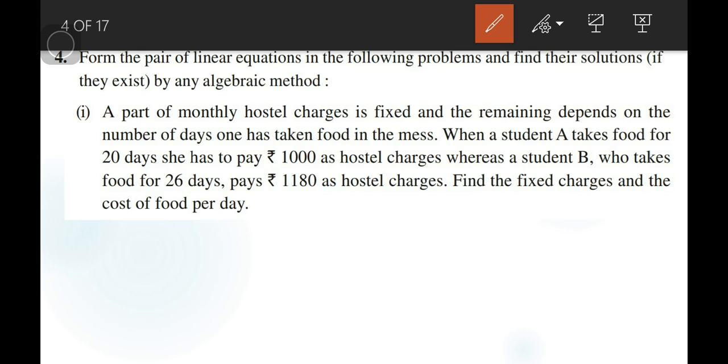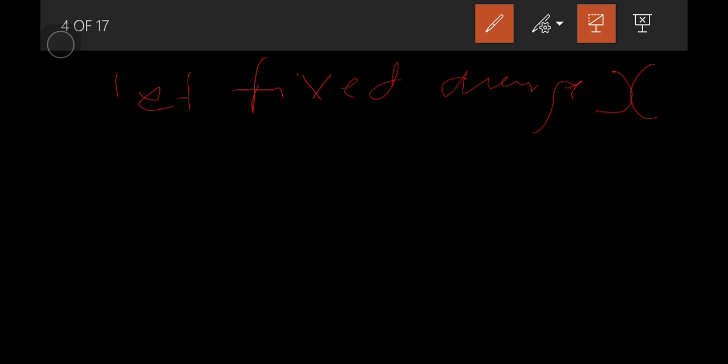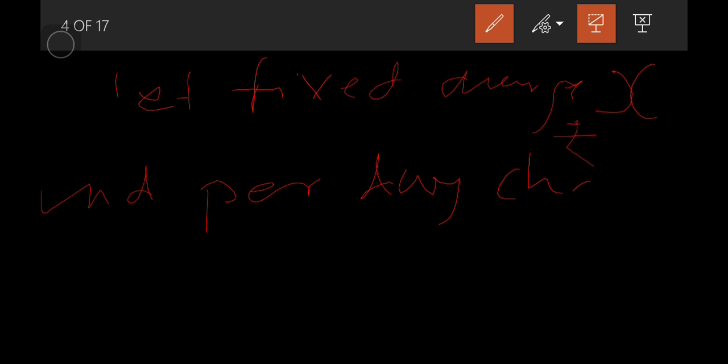So first we let the fixed charge, which is for only 1 day, be X rupees, and the per day charge be Y rupees.